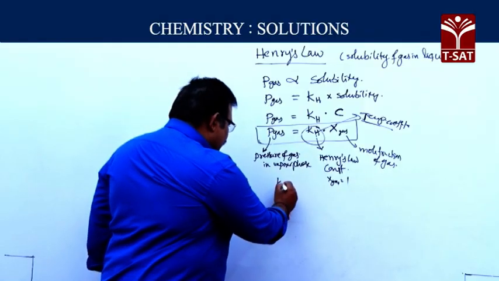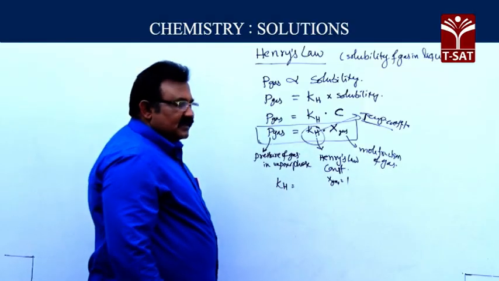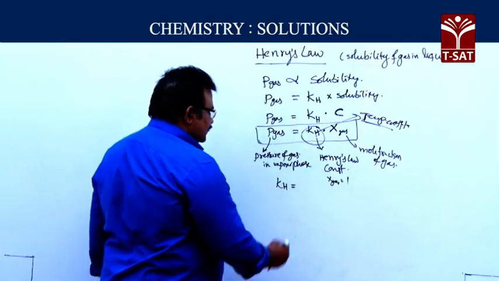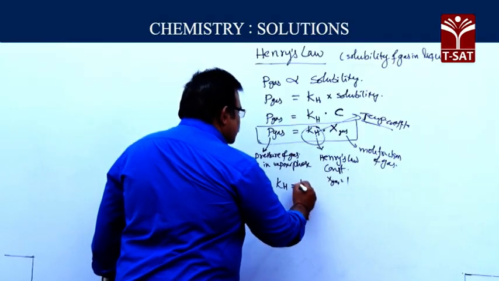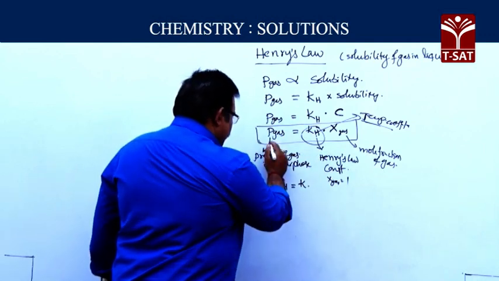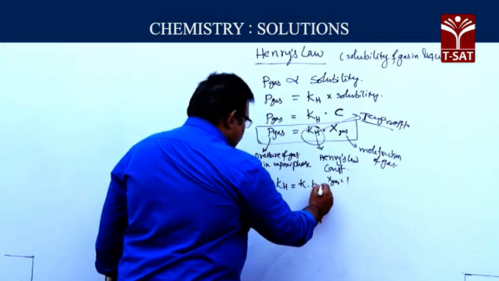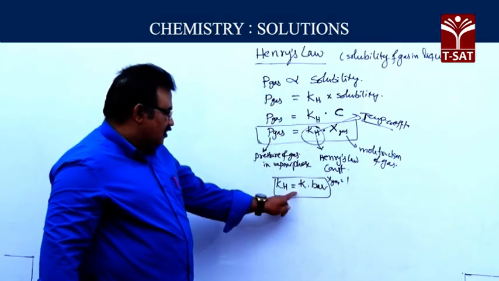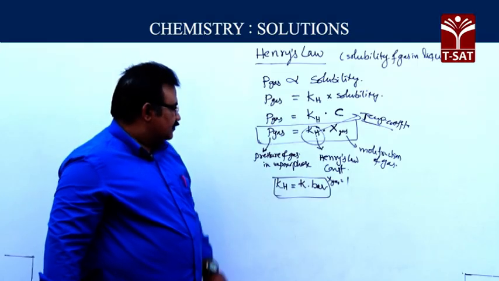The units of Henry's law constant are Kelvin and pressure expressed in bars: Kelvin bar.